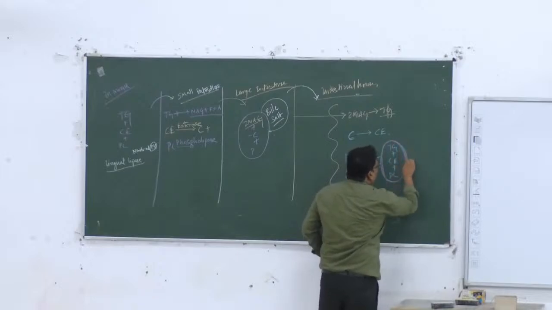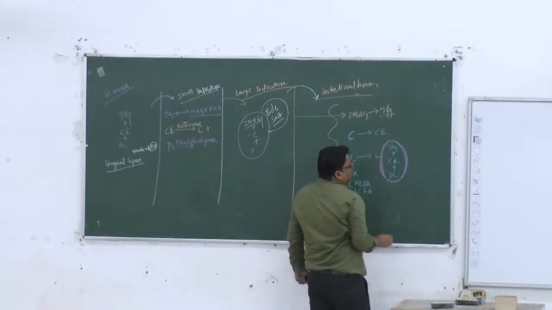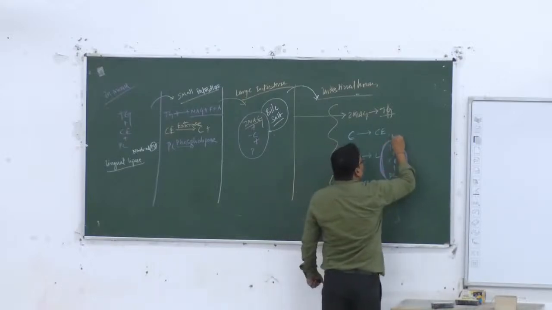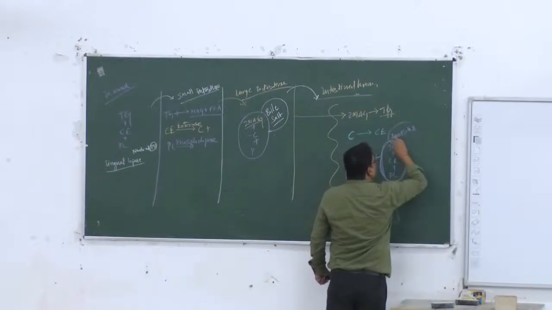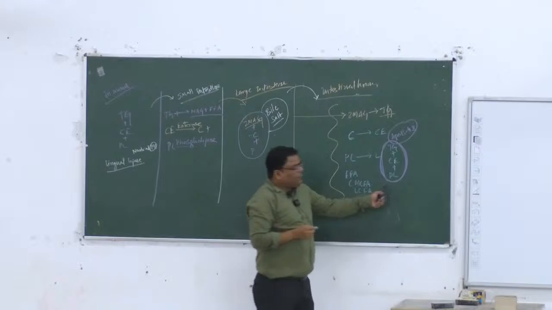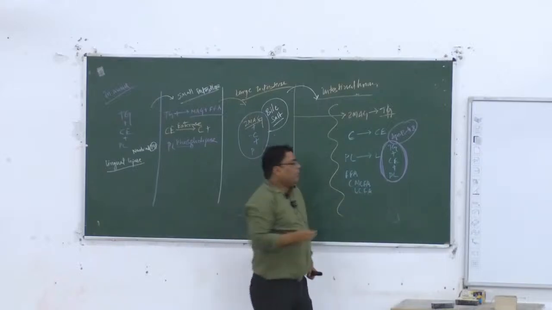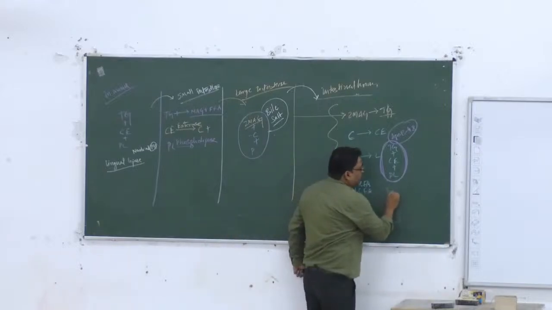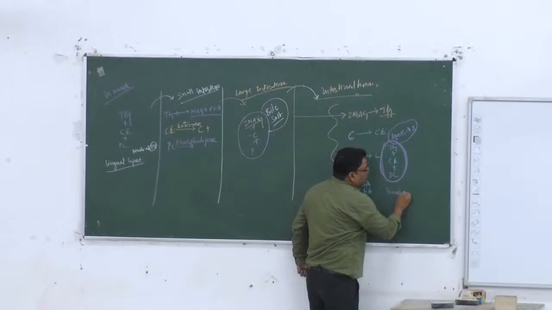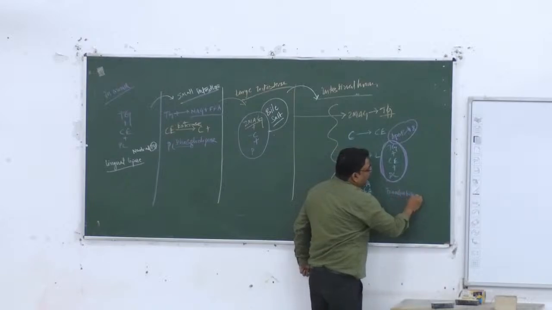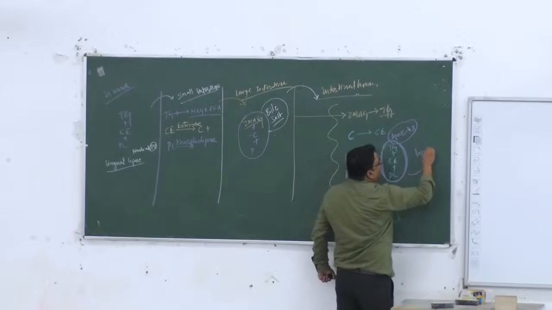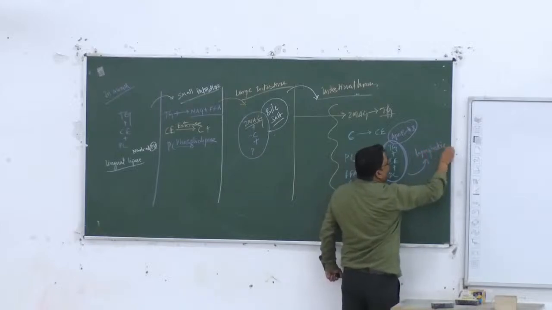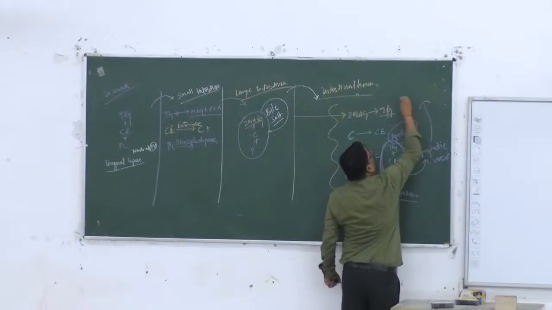There is attachment of some protein. Why is there a need to form these molecules? For transportation. Now these chylomicron molecules go to the lymphatic vessels.